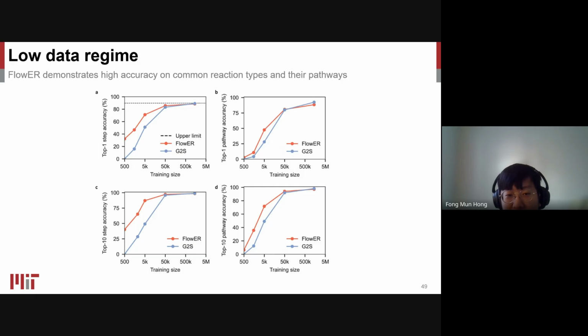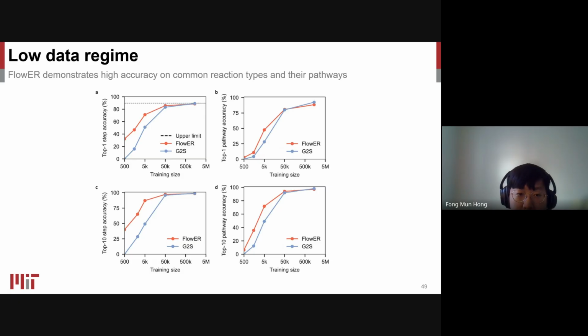This is just to show that because reaction data is very limited, by injecting those inductive biases on top of this model, we see that even with very low data, especially for the step accuracy, Flower is able to start recovering and predict reactions accordingly.